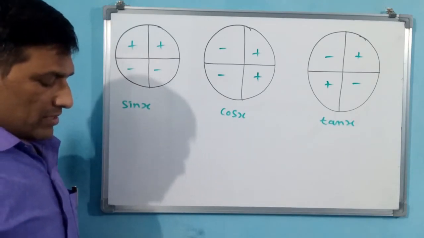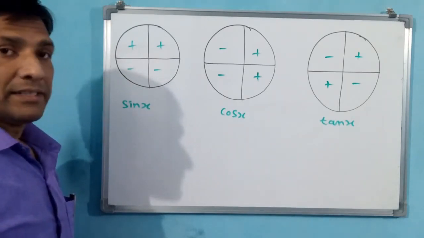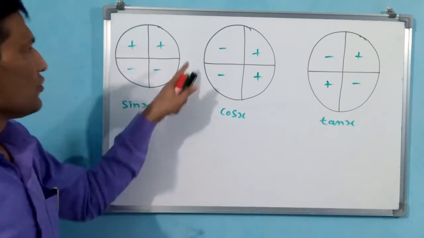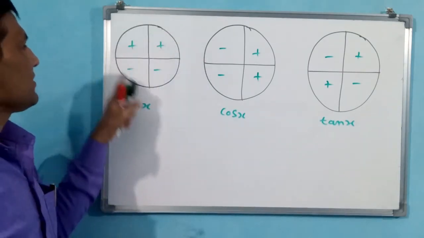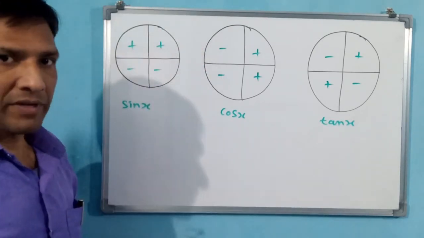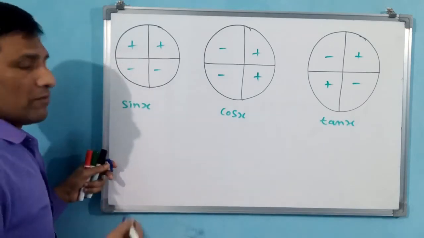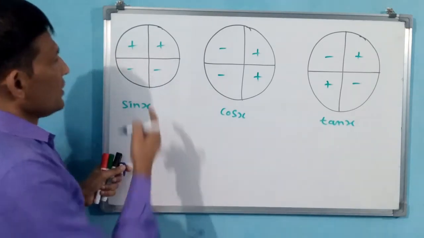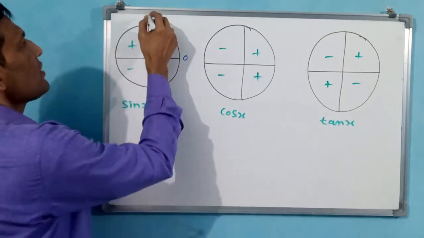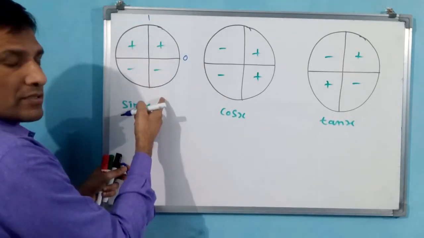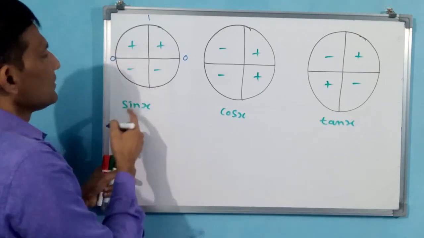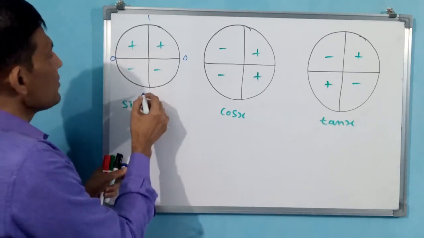Okay, now you write angles. First we write values only. Angles we know: 0 degree, pi by 2, pi, 3 pi by 2, again 2 pi are 0. Values I am writing first. See, sine 0 is 0, sine pi by 2 is 1, sine pi is again 0, sine 3 pi by 2 is minus 1.